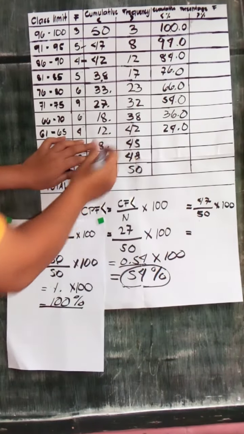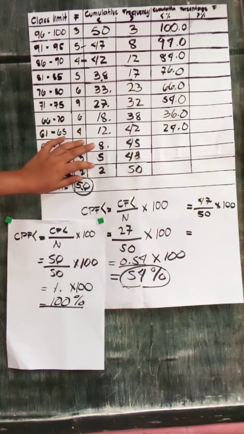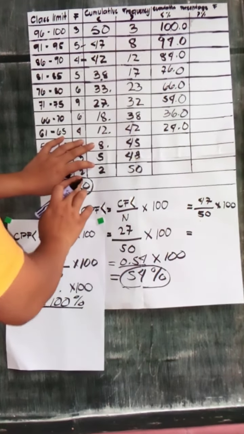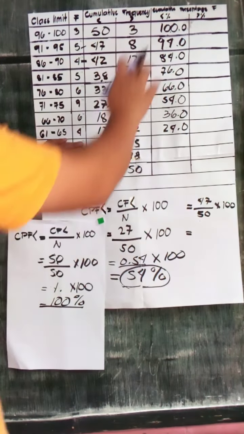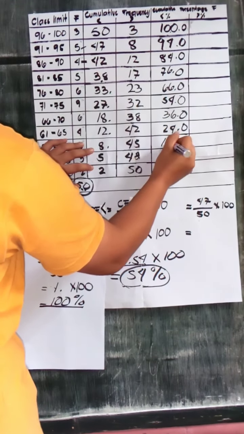So 8 divided by 50 is equal to 0.16. And 0.16 times 100 is equal to 16%.